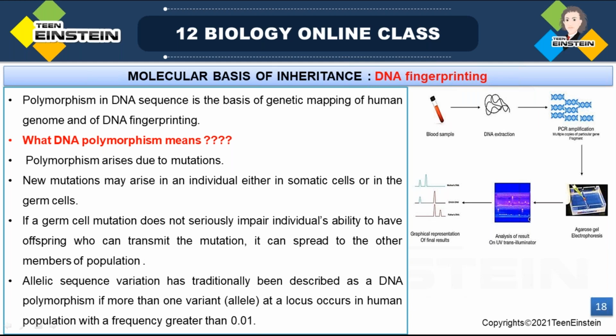Then it is considered a variation or a polymorphism. Got it? Here you can see the blood sample is collected, DNA is extracted, then PCR amplification, agarose gel electrophoresis, and here the banding. Got it? Here is the graphical representation.